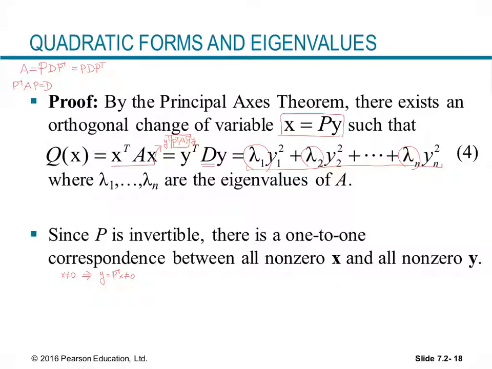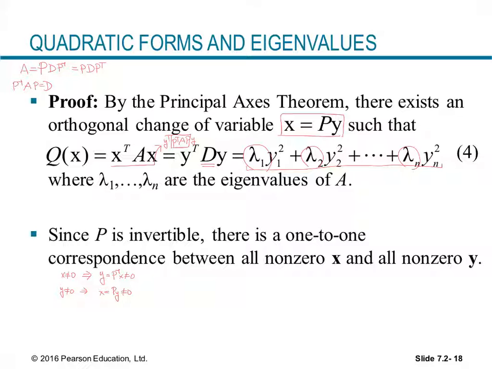If y is zero, then P, the invertible matrix, maps the zero vector to the zero vector, so x should be zero, right? So if x is not zero, then y cannot be zero. And if y is non-zero, then the x vector, which is P times y, cannot be zero because P is invertible, right?